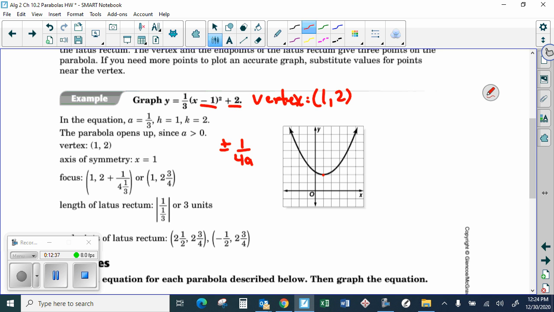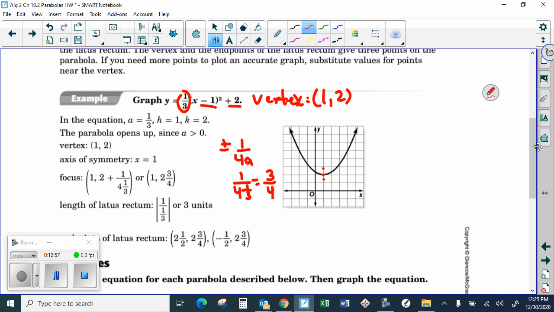What is a? a is 1/3. So 1 over 4 times 1/3. So it's 1 over 4/3, which is the same as the reciprocal of 4/3, which is 3/4. So I'd go up 3/4 right there and go down 3/4.